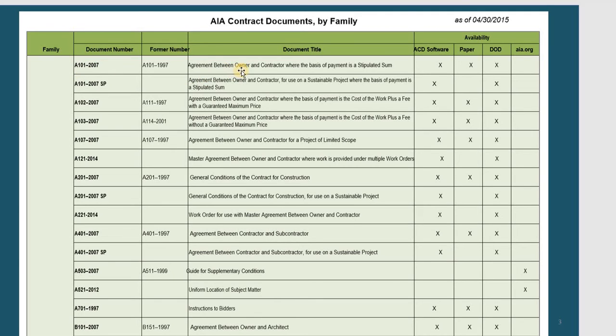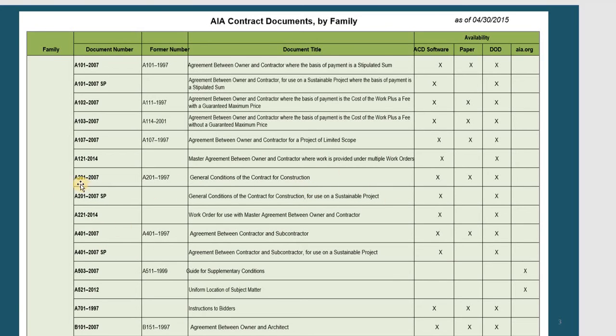A101 is between the owner and the contractor, so they have a contract between them before they start the work. We have many agreements between the owner and contractor, depending on the payment, or some basic payment, or some of the work, the fee guarantee, something like that. So we look at the number right here, and you can figure out what the form is for.